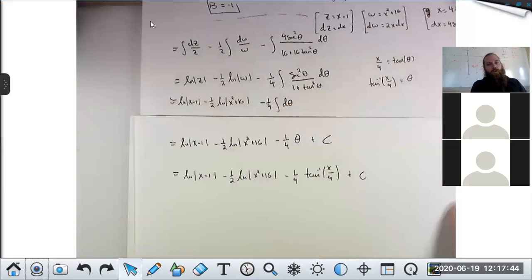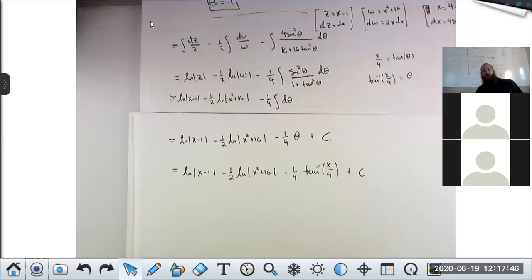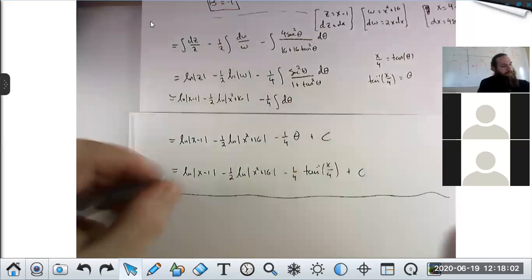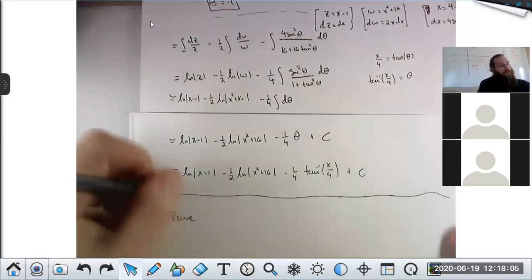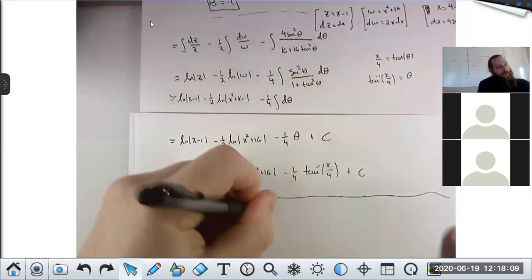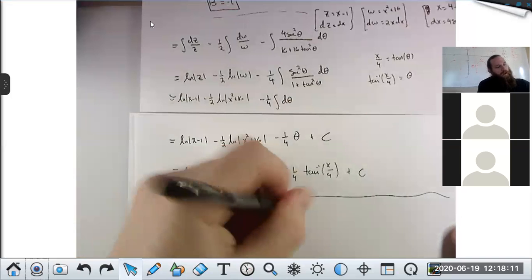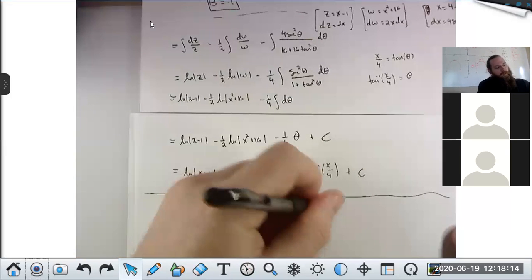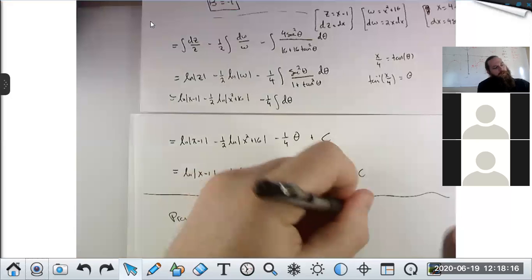And that last integral, the one that really consumed the time there, the arctan integral, I recommend proving a formula that will allow you to solve those very, very quickly. I recommend proving that the integral of 1 over x squared plus a squared always comes out to 1 over a times the inverse tangent of x over a plus c.